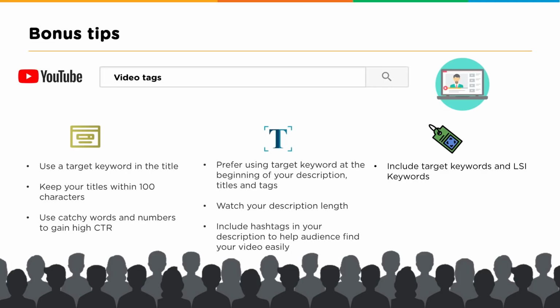So between your LSI keywords, target keywords, and then using our primary and secondary keyword in the title tag, using our primary and secondary keyword in the description, and then using hashtags in the description, the combination of all of that, if we chose the right keyword, then we should find that our video will eventually rank on YouTube.